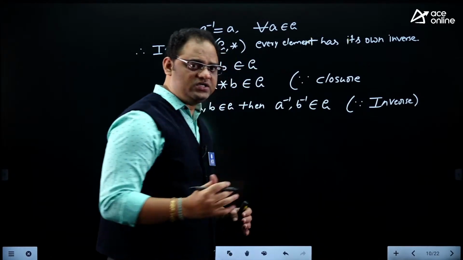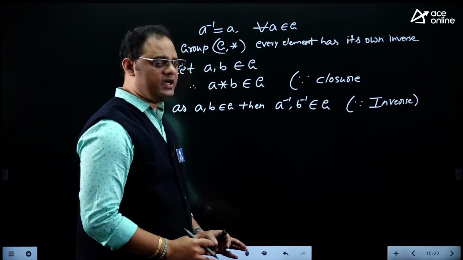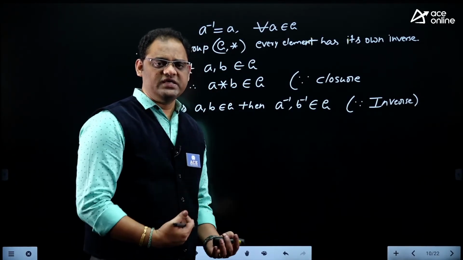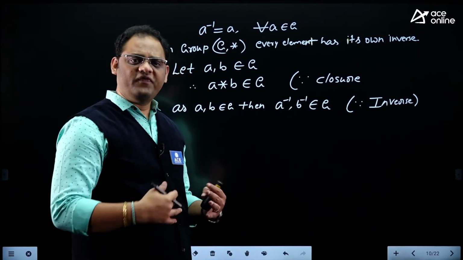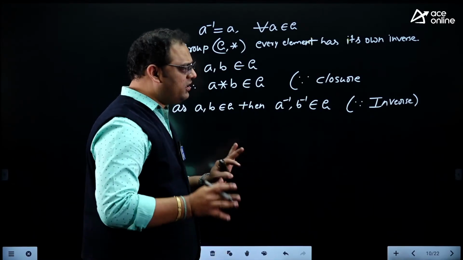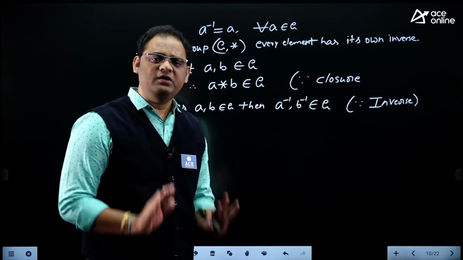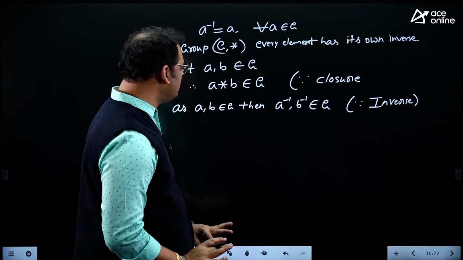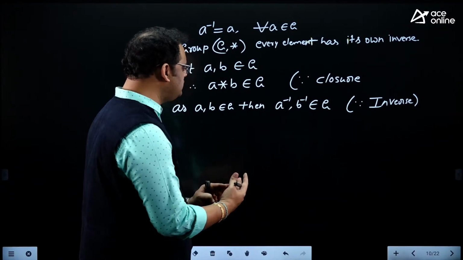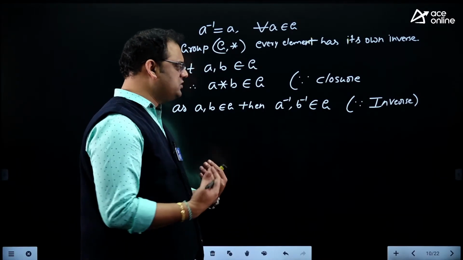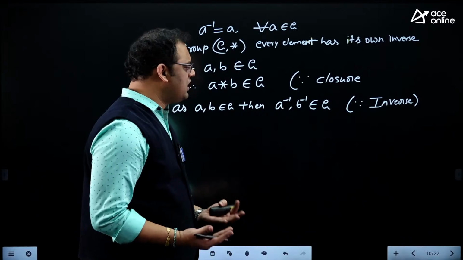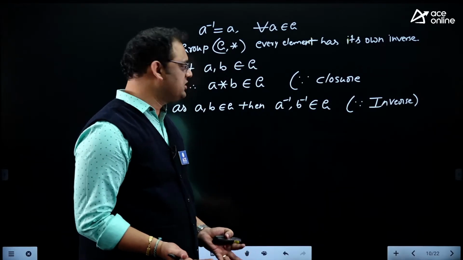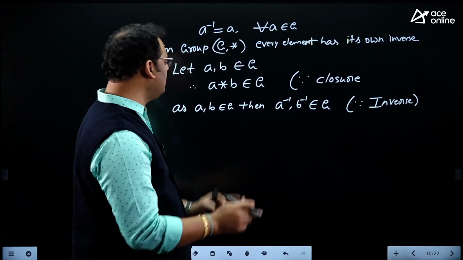At the starting of the discussion, we discussed inverse property, right? X star Y is equal to Y star X is equal to identity for every X in the given G. Not for some X, my dear. Every element in the given algebraic structure should have the inverse element. So in that case, if A and B belong to given G, definitely A inverse and B inverse also belong to G. Otherwise, inverse property does not satisfy, na? I hope you got my point.